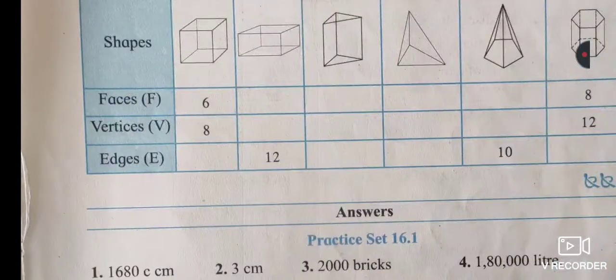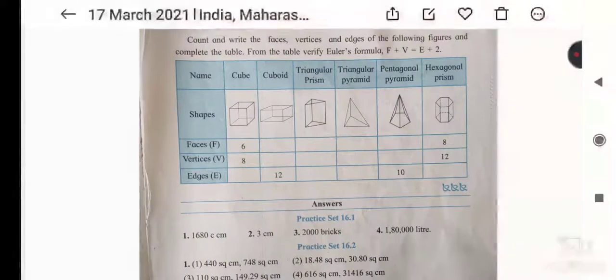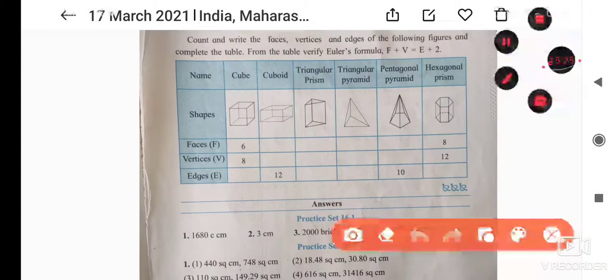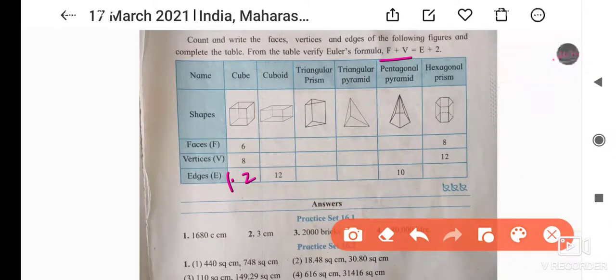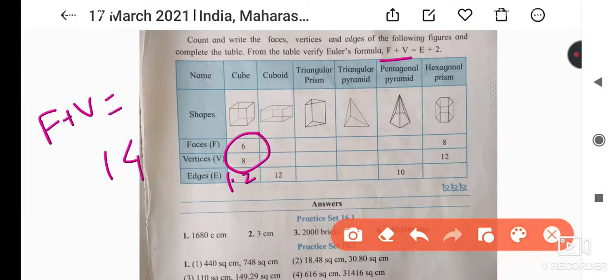So what is the formula here? F plus V means faces plus vertices, 6 plus 8. The formula is F plus V is equal to E plus 2.